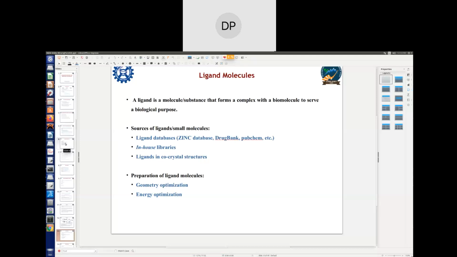As you saw in the last lecture, you need to optimize the ligand molecule, add appropriate charges, and minimize the energy. If you are not minimizing or optimizing your ligand molecules and directly use them for docking, then whatever score or energy you get will not be the actual one, right? So always optimize it before using it in the docking experiment.